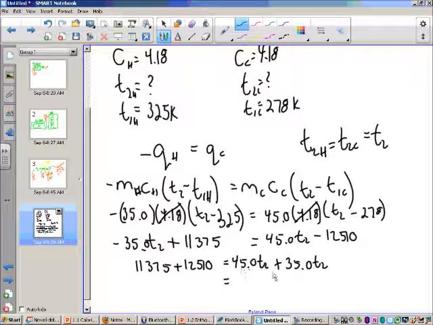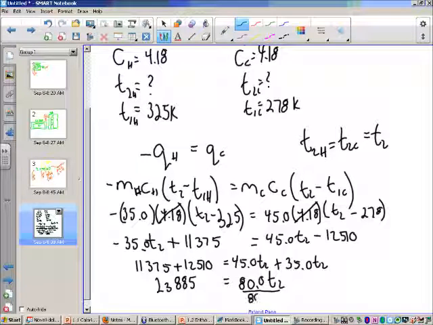So I can put those two together, 35 plus 45, that's 80 T2. And how about this big number here? Somebody got that put together? Yep. 23,800. And now we're dividing off 80.